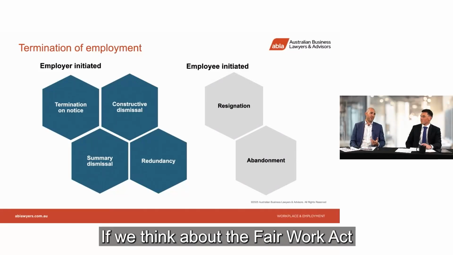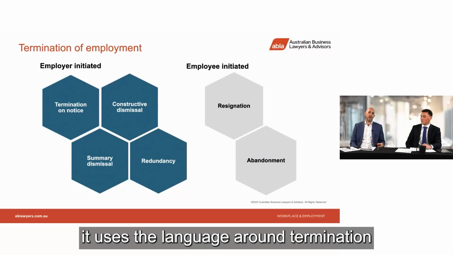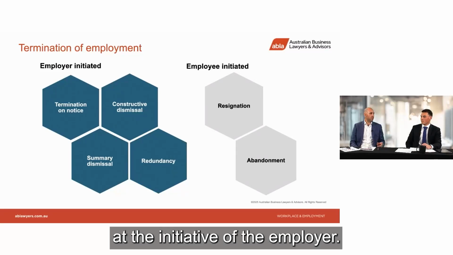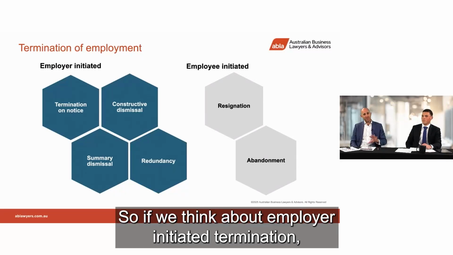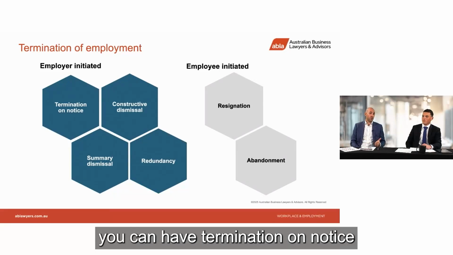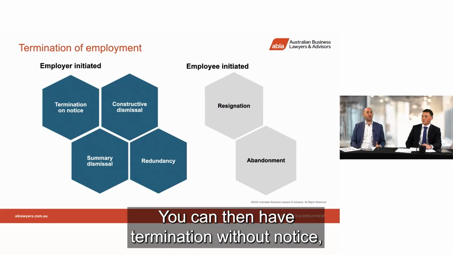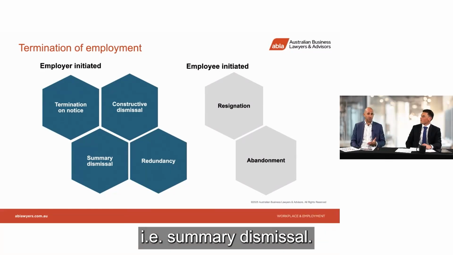If we think about the Fair Work Act and unfair dismissal provisions, it uses the language around termination at the initiative of the employer. So if we think about employer-initiated termination, in terms of broad categories, you can have termination on notice or with notice. You can then have termination without notice, i.e. summary dismissal.